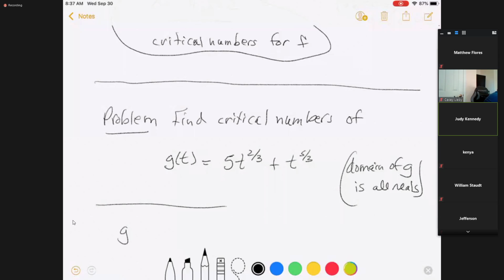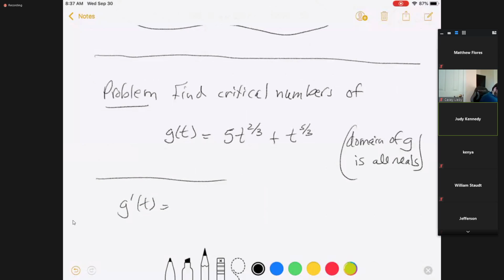So let's take G prime. That would be 5 times 2/3 t to the 2/3 minus 1 plus 5/3 t to the 5/3 minus 1.